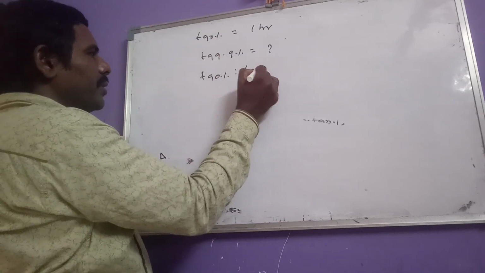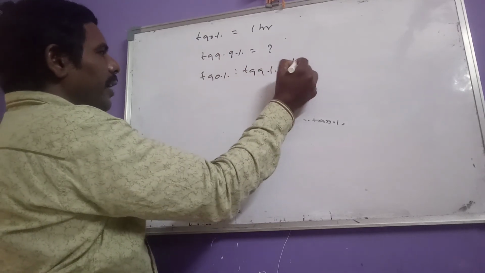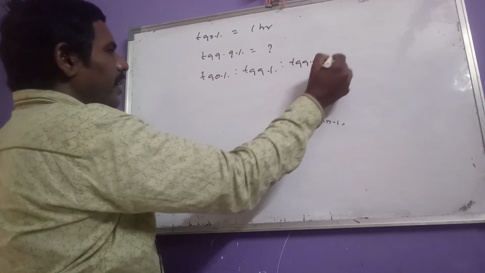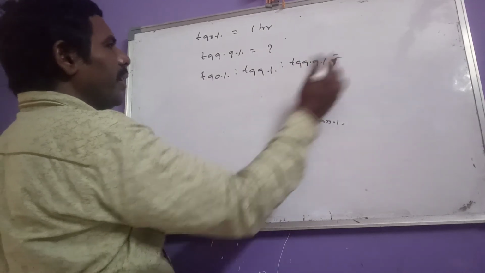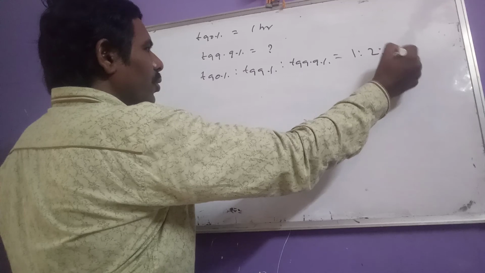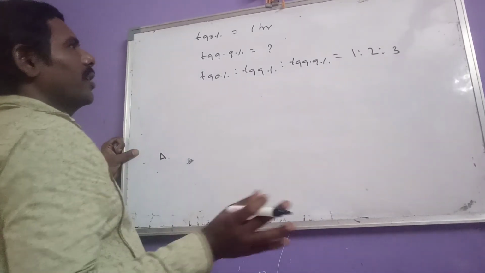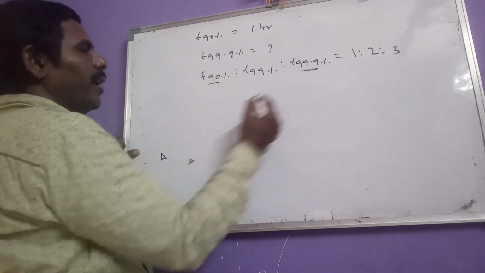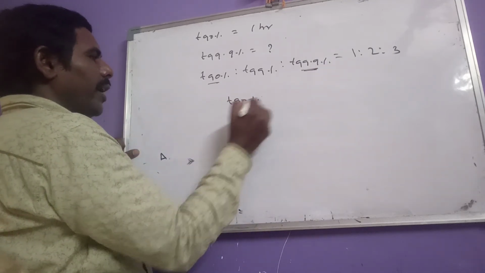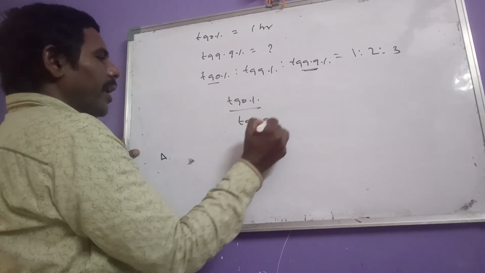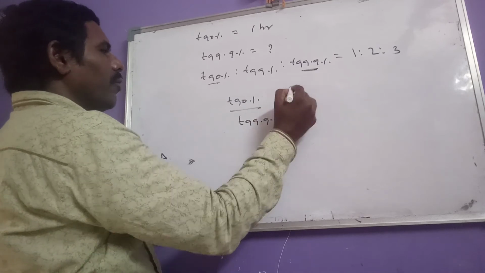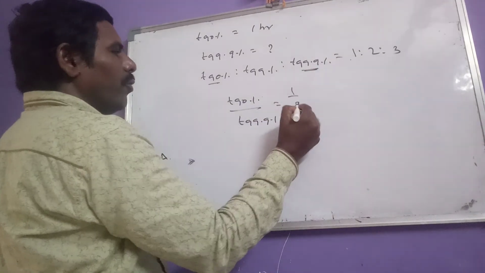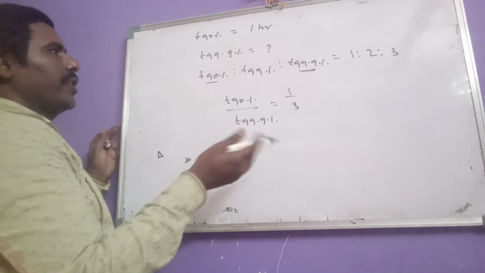T 90% is to T 99% is to T 99.9%, if you write up to here, the ratio is 1 is to 2 is to 3. But the question relates T 90% and T 99.9%, so T 90% by T 99.9% equals 1 by 3. Only that ratio we have to consider.